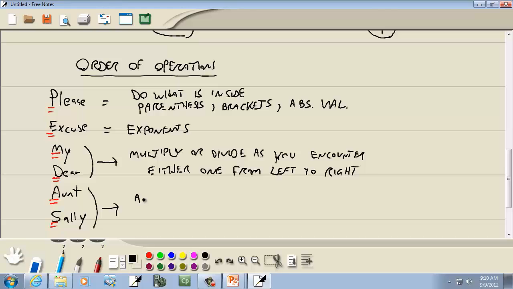And these two kind of go together too, though this one isn't necessarily where you have to follow this. You can go through and do all your addition first, then do all your subtraction. You still get the right answer. But I like it to be consistent with the one above it. So we're going to add or subtract as you encounter either one from left to right.